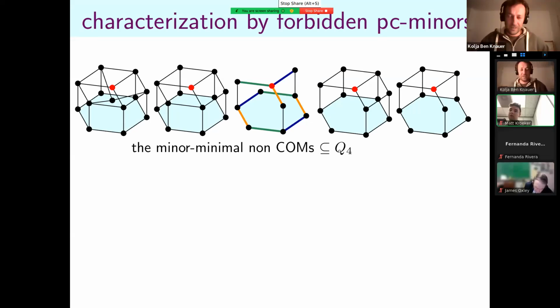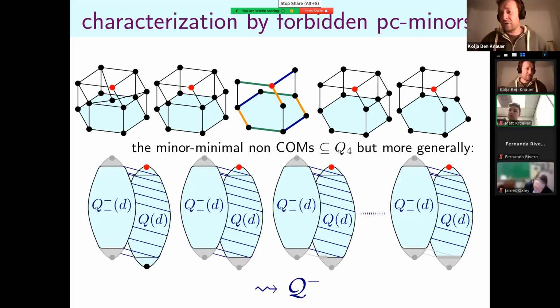But actually, for every dimension D, there's a family of about D plus 1 partial cube minor-minimal obstructions for being a COM. And you can describe what they look like.